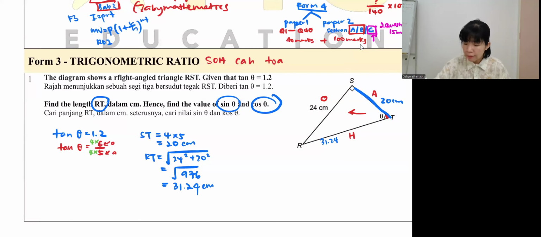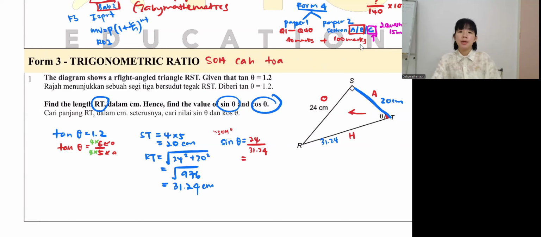Okay, so now we still have to find sine theta and cos theta. What is the value of sine theta? Sine is SOH. So meaning we are taking O over H. O is 24, H is 31.24. So what is the answer? We divide it, 24 over 31.24.